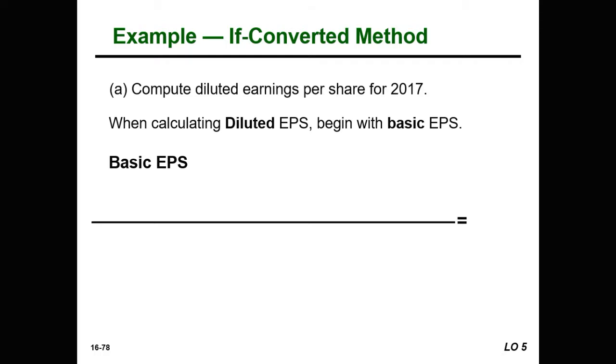The first is to calculate basic EPS. Now we have preferred dividends. This is preferred stock, right? So we start with net income of $1.2 million less the preferred dividends at $240,000.